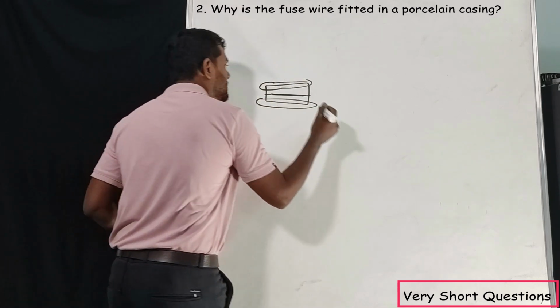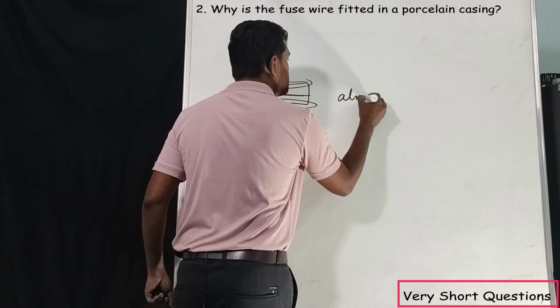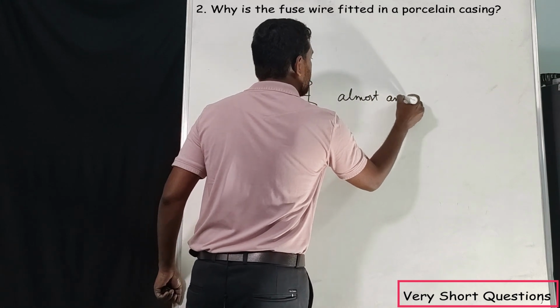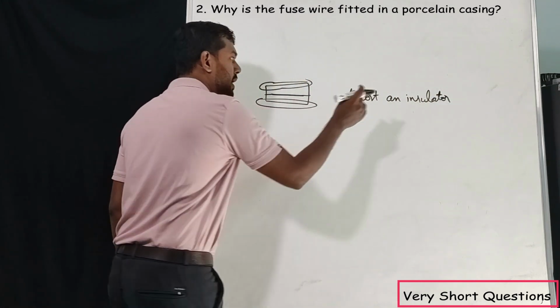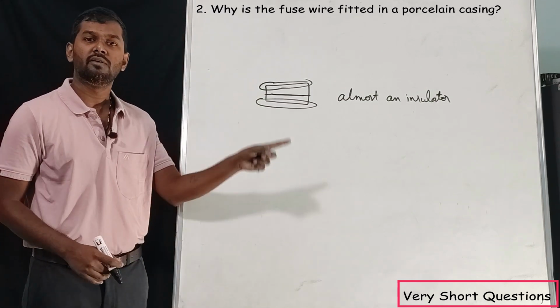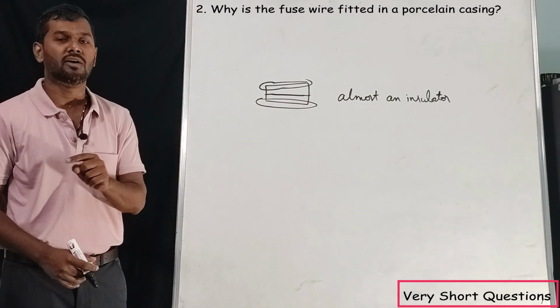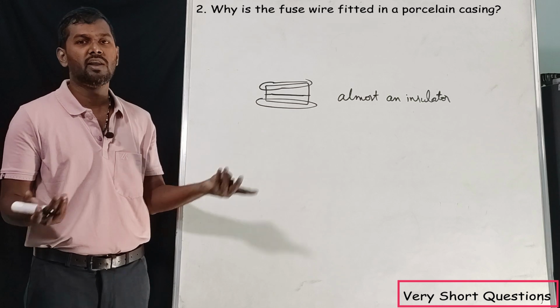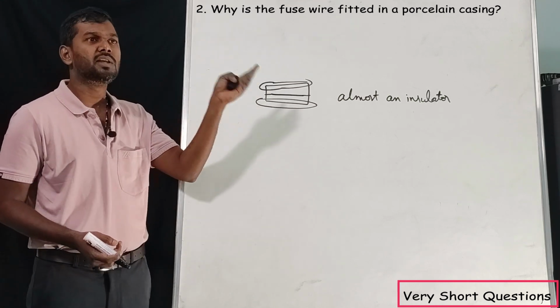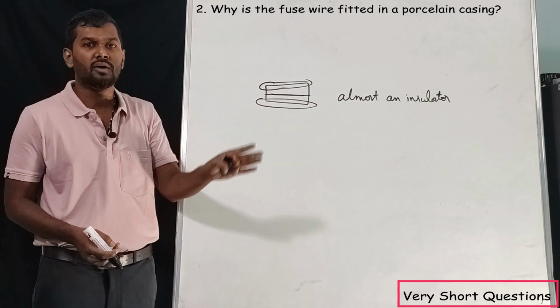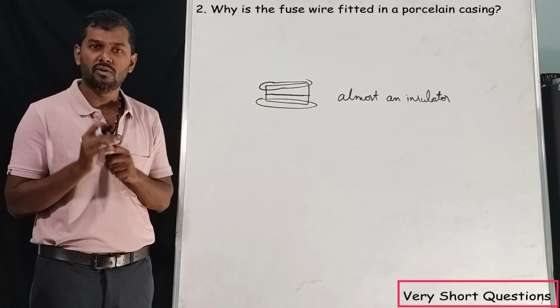Because porcelain is almost an insulator, which will not affect the working of the fuse. An insulator will never affect the working of a material, correct? So porcelain is an insulator which will not affect the function of the fuse.